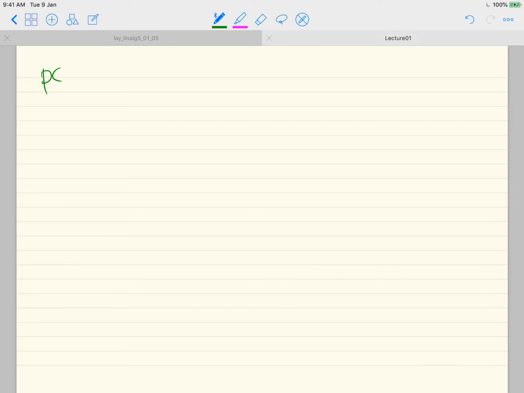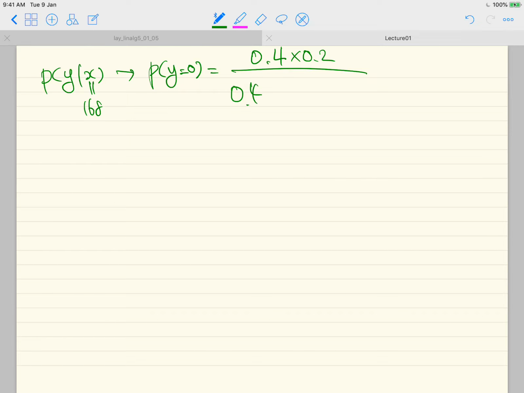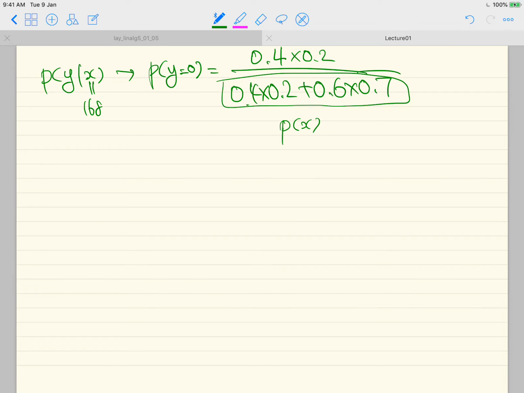To summarize, P of y given x, when x is fixed as 168: we first considered y being 0, which is female, and it is 0.4 times 0.2, right? And then 0.6 times 0.7. So this is our P of x, x being equal to 168.